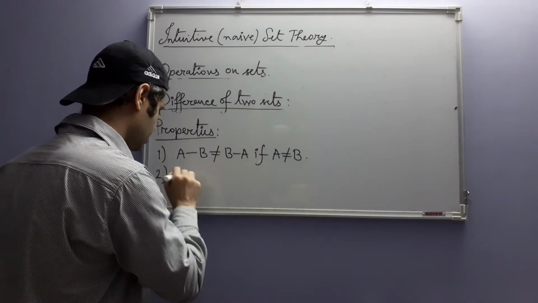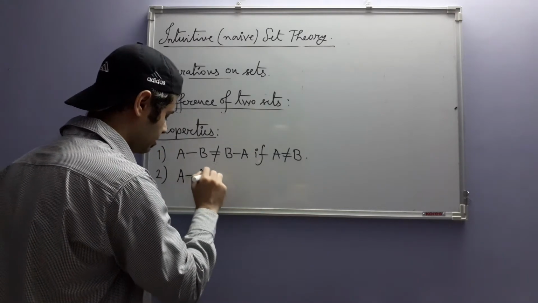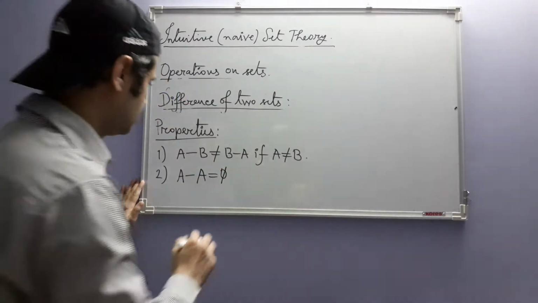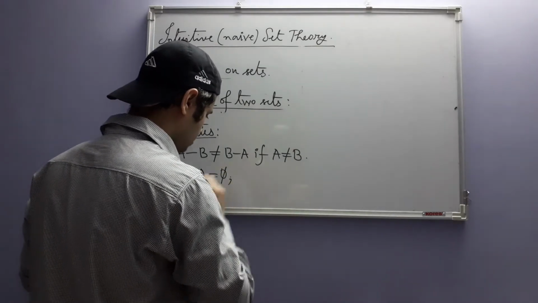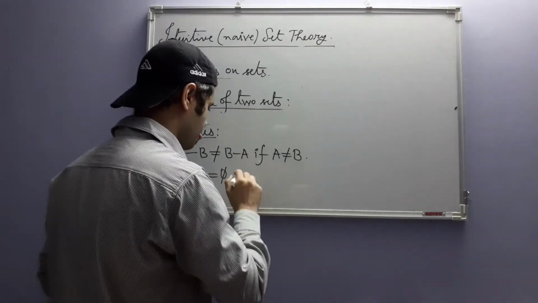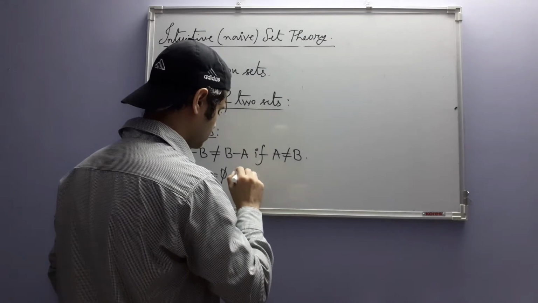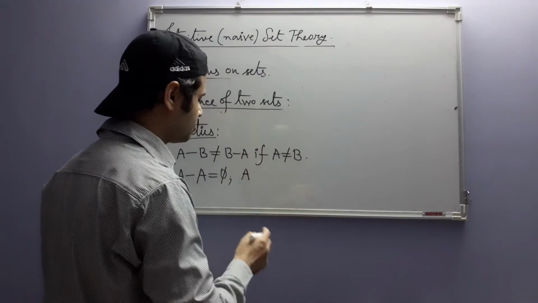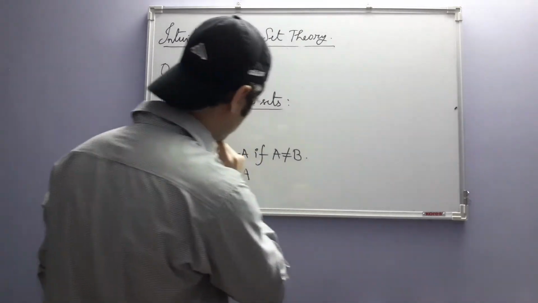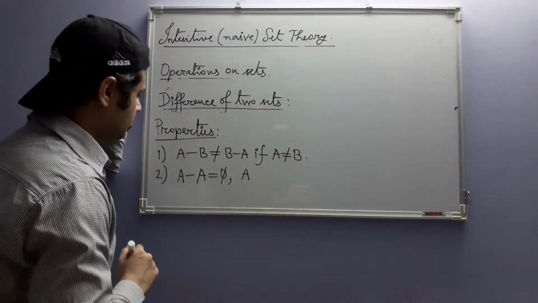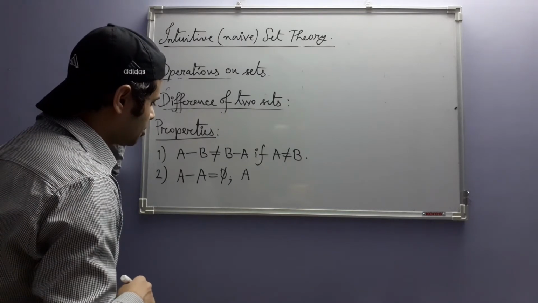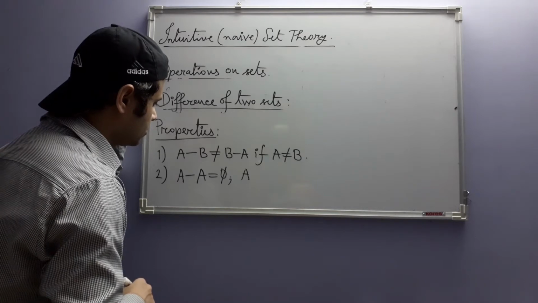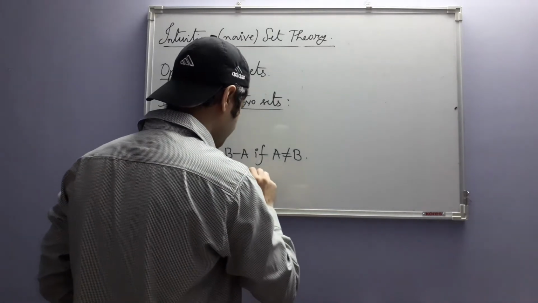What can I write? A minus A is the empty set. Then actually many properties can be written. Shall I show all of them, or show the more important ones? That's what I'm thinking. Okay, let me write many of them.